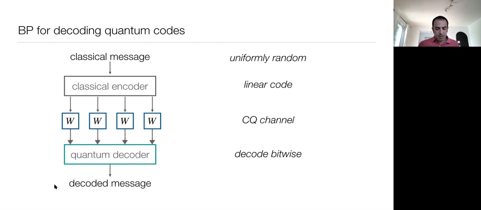This is really the big distinction to the classical case. So in the classical case, we use the marginalization. The fact that belief propagation is designed to implement marginalization of the probability distribution, we just use that to do the decoding. If we take the analogy too seriously, we'd say, okay, well, now we're in this problem, let's marginalize the density operator.